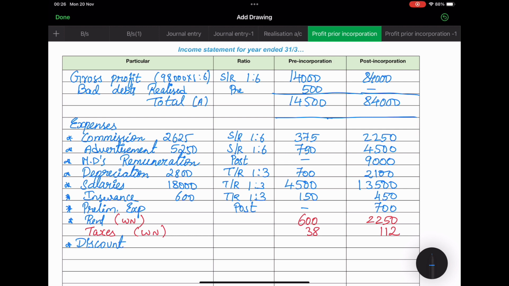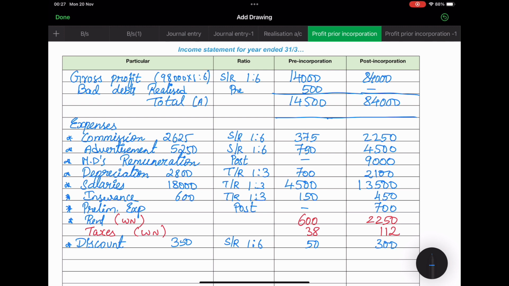Discount is fully related to sales ratio 1:6. So total discount is 350. This 350 into 1/7 will be 50, and 300 for post incorporation.